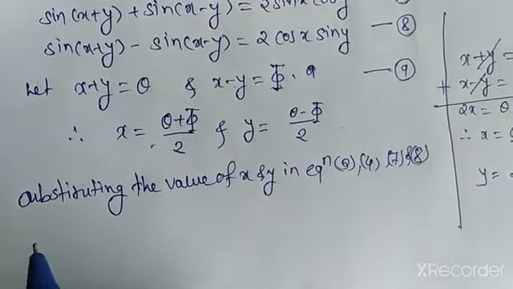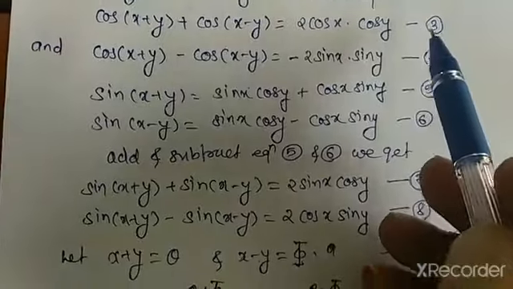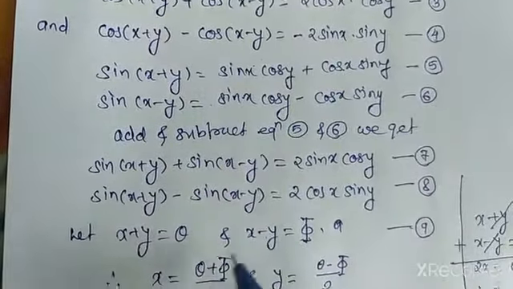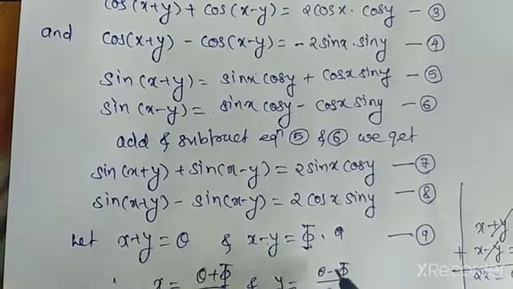So we get, now when we substitute in equation 3 cos(x+y), here x is equal to (θ+φ)/2 and y is equal to (θ−φ)/2.